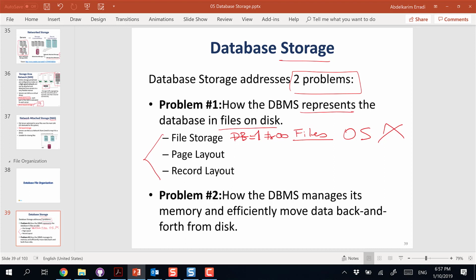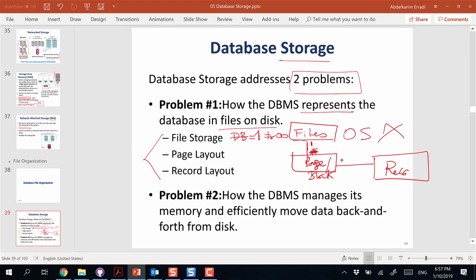The other thing is these files are made up of one or many pages. Another name for page is block. These are synonyms: if you hear block or page in the context of database storage, they mean exactly the same. Inside this file, what will you find? One or more records.